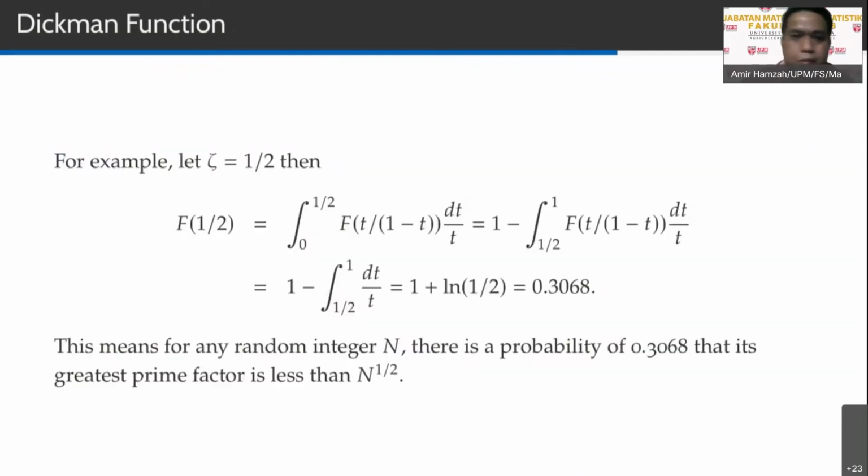So this is the Dickman function, and this is an example. For example, if we have zeta equals 1/2, this means that for any random composite integer n, meaning that it's not the RSA modulus, there is a probability of 0.3068 that its greatest prime factor is less than n to the power of 1/2. So that is one example of the Dickman function.